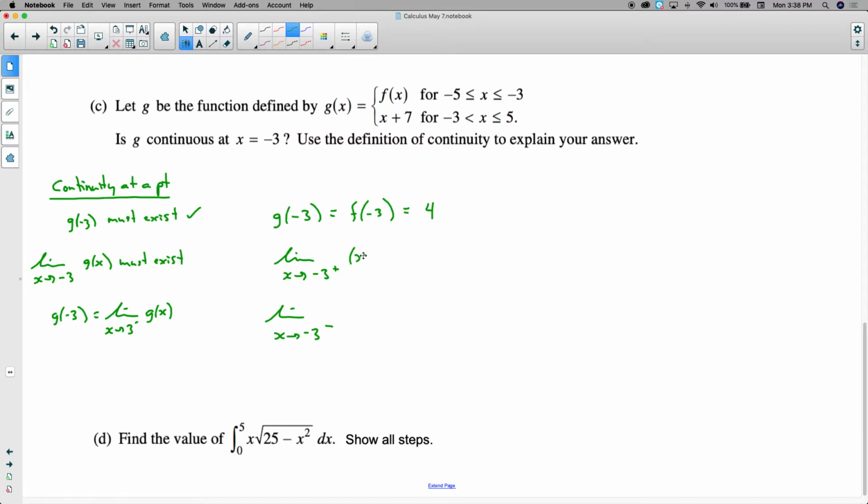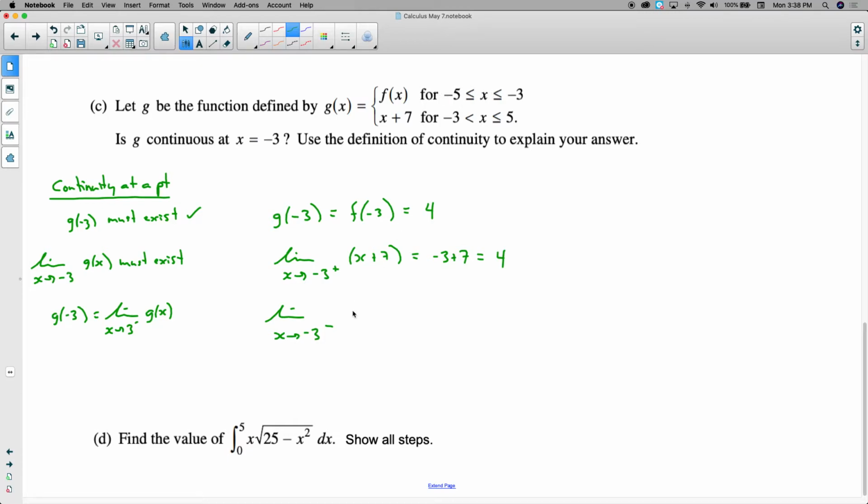I'm going to go to this function, x plus 7. But x plus 7 is a line, and lines are continuous. So to evaluate this, I just get to drop in the number. I get 4.